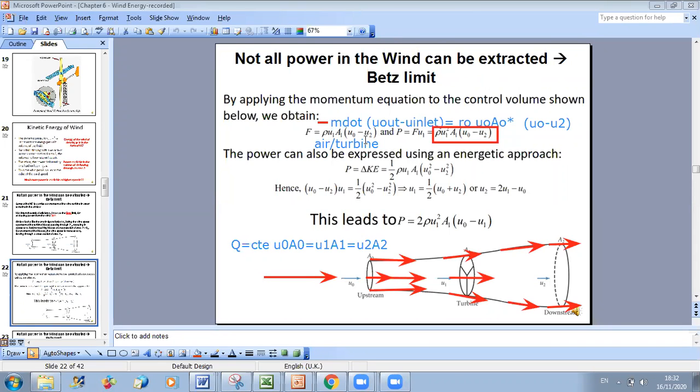Now, the power it will induce is the force times the velocity of air going through the turbine, which is u1. You can also express the power in a different way. If you remember from chapter 3, the power, which is a type of work, can be produced from variation in kinetic energy. So another way to write the power is to say that the power results from the variation of kinetic energy.